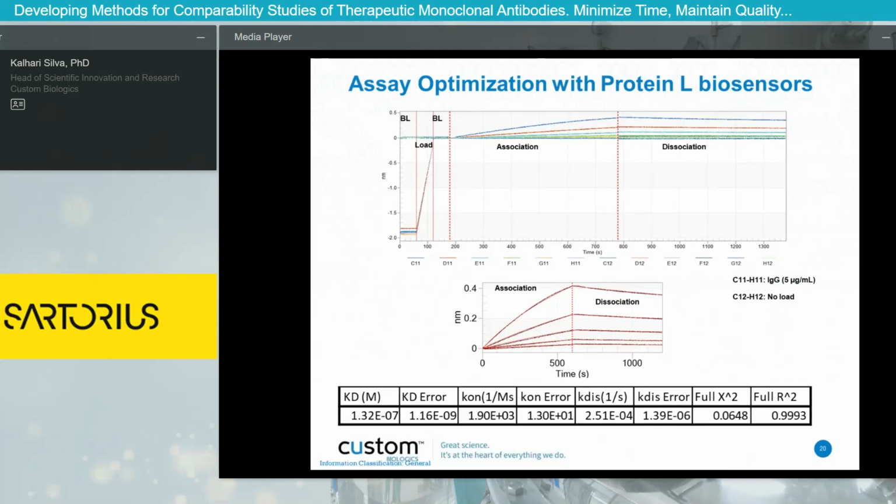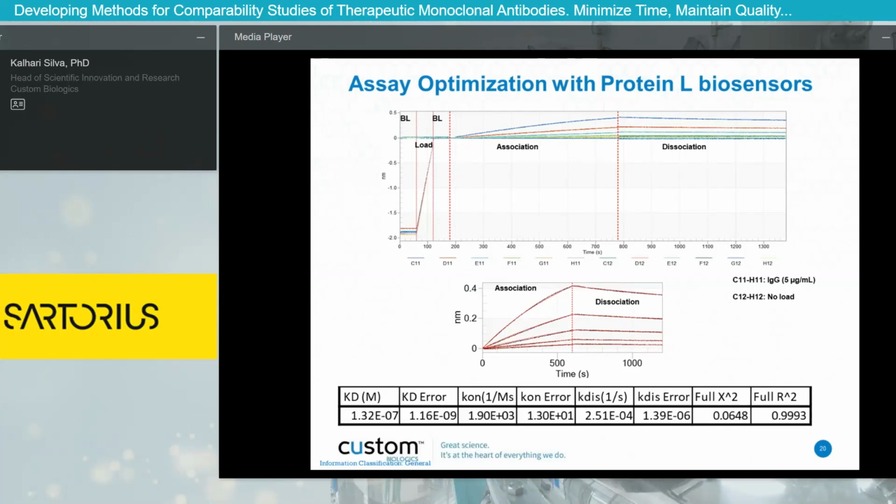But the on rate and the off rate here are quite different, even though the affinity values are the same. So this gives us some sort of mechanistic or MOA type information, because it not only gives us the affinity values in general, but also how fast they interact and how fast they dissociate. So here it's a very slow association and also a very slow dissociation.